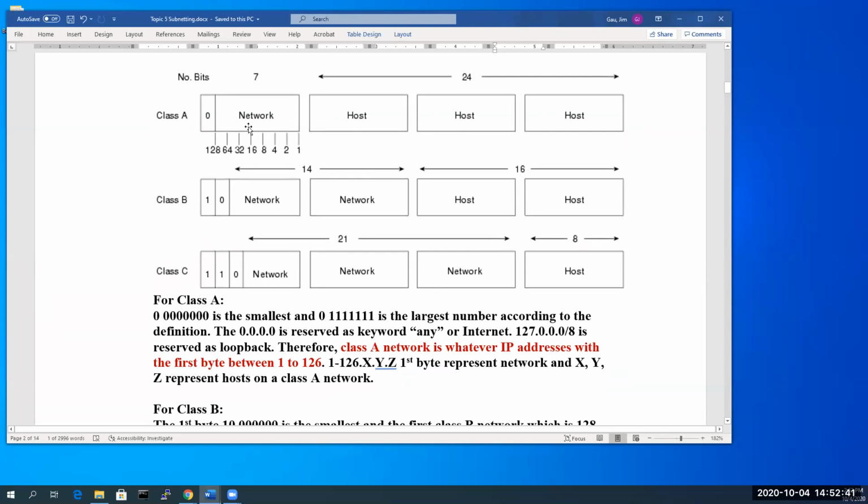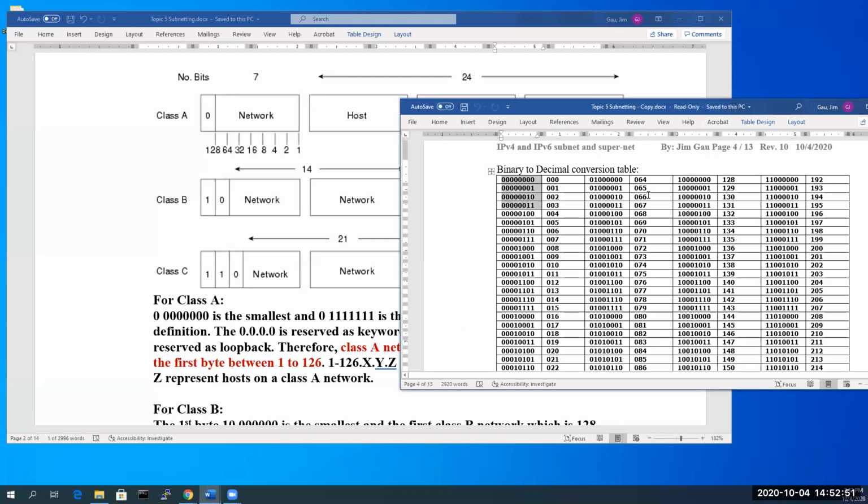So we define class A as: we fix the first bit to 0. If we fix the first bit to 0, and again, if you refer to this table to see it again, if the first bit is a 0, then as you know, the first 2 columns from 0 to 127 are all 0.